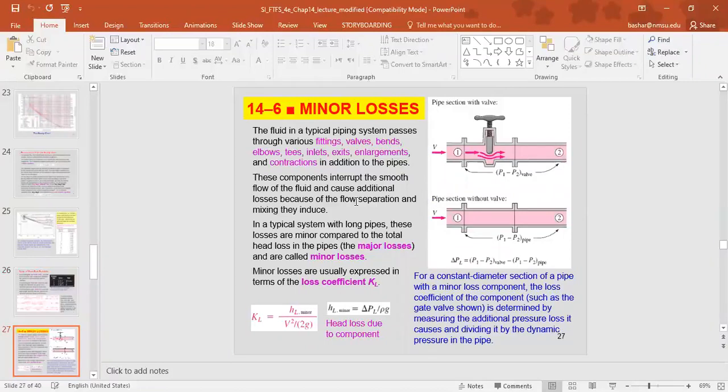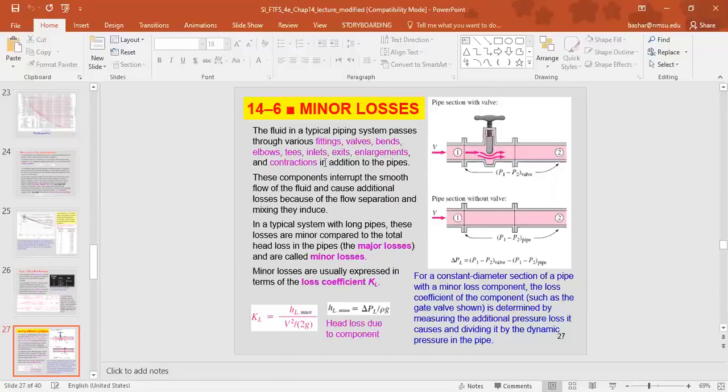Now we have finished with the major losses, which are mainly due to friction. The minor losses are due to the different components in the piping system, such as fittings, valves, bends, elbows, tees, inlets, exits, enlargements, and contractions.